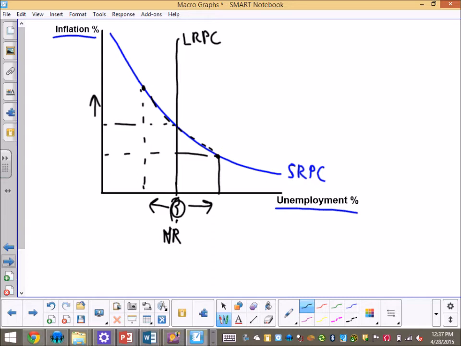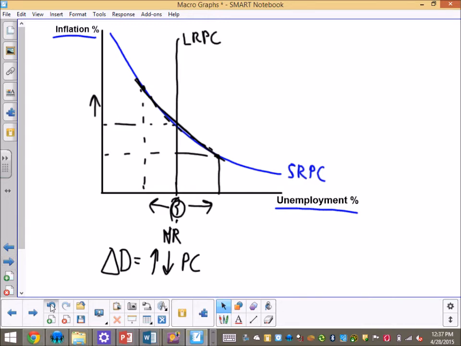So really quickly, a demand shock moves what in relation to the demand curve? It moves you up and down. So the key there is demand shock. A change in demand, you're going to go up and down the Phillips curve. So we stay on the line. And that's maybe that little note you want to put there.